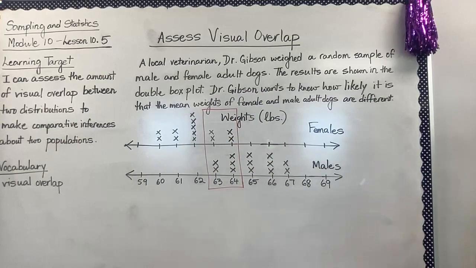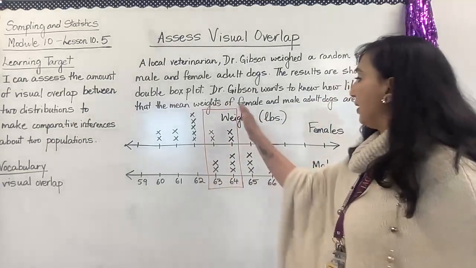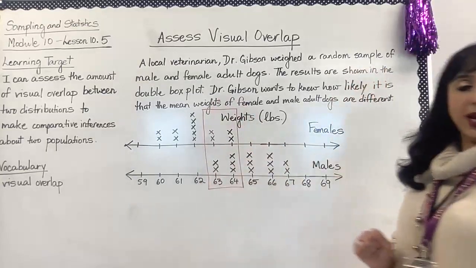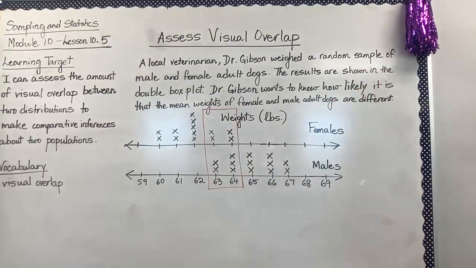We can see that in this, I've just outlined it. So this is the distribution over here, the means. Now, to informally assess the degree of visual overlap, we are going to express the difference in the means as a multiple of the measure of variability.